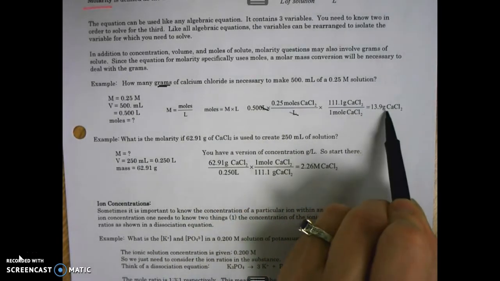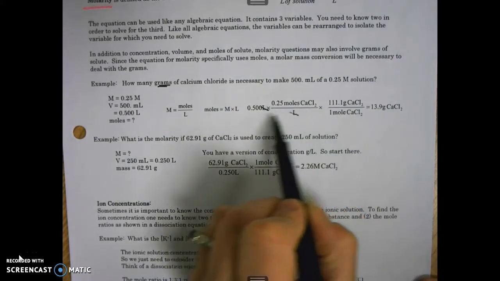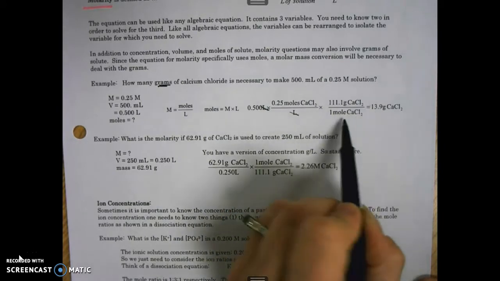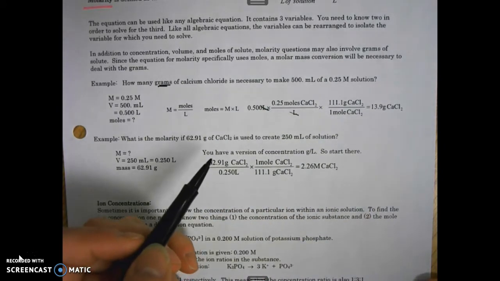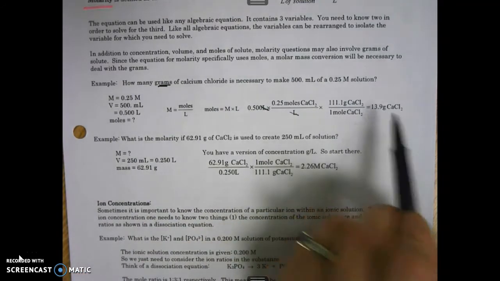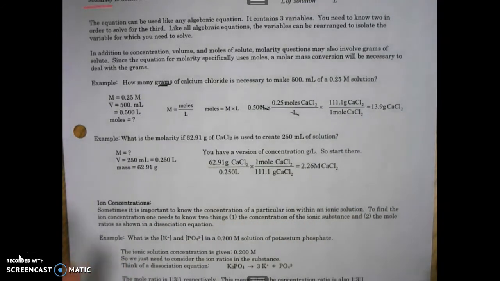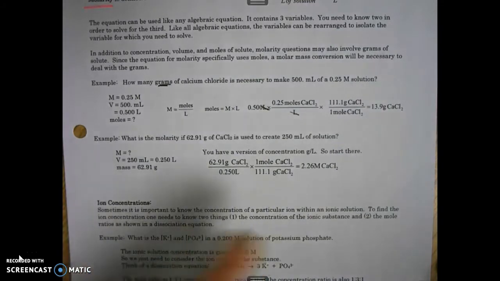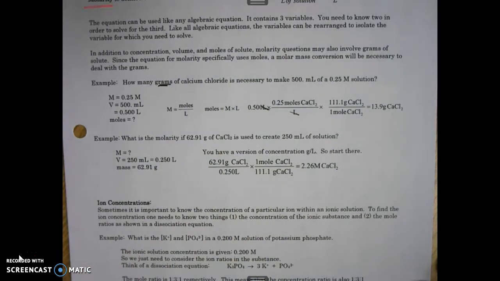So I can do this all in one step. I don't have to solve this part first and then go to this part. Remember, every time you solve an answer, you're rounding that number, which makes your final answer less accurate. Anything you can do to keep the math down, so if you can do it all in one equation, is a really good technique to learn.